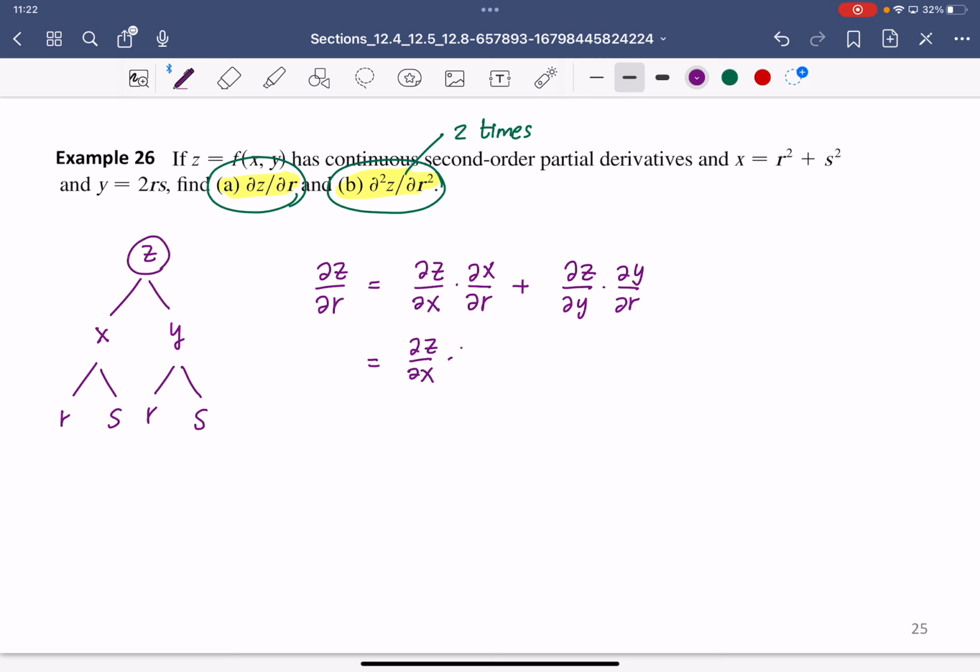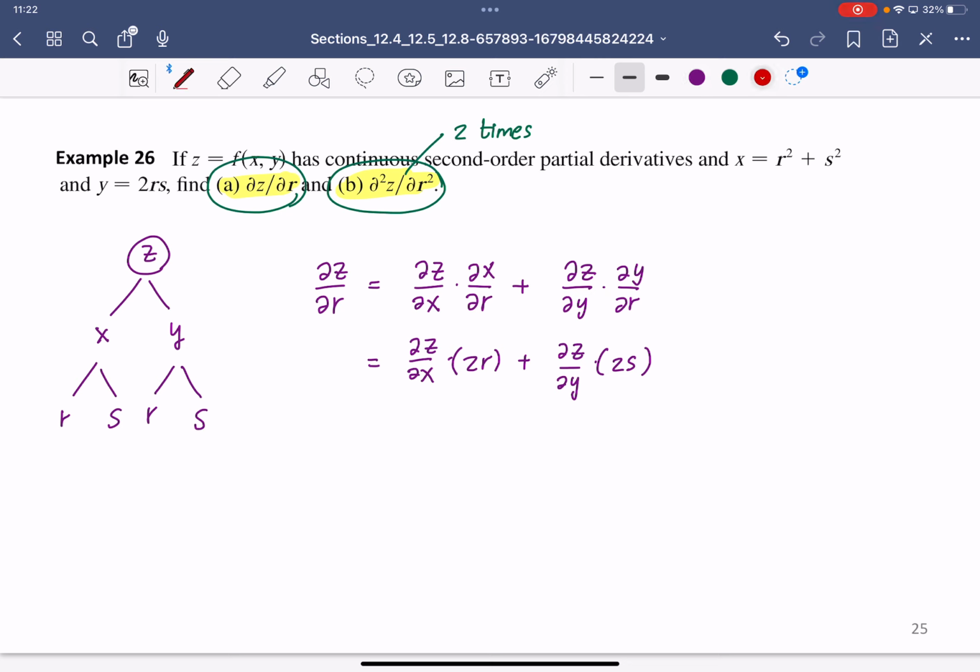But x you have a function for, so it's going to be 2r. This is ∂z/∂y. Y you have the function, it's going to be 2s, right? Okay.